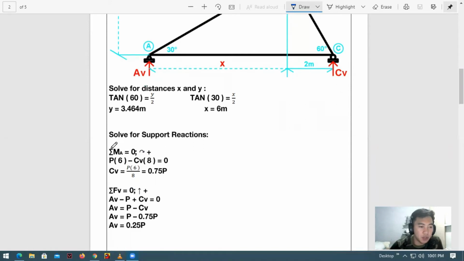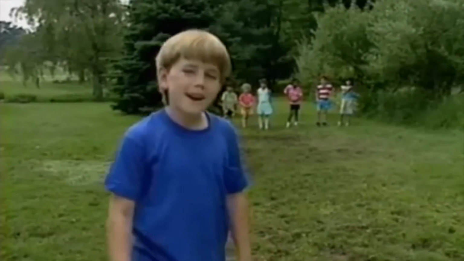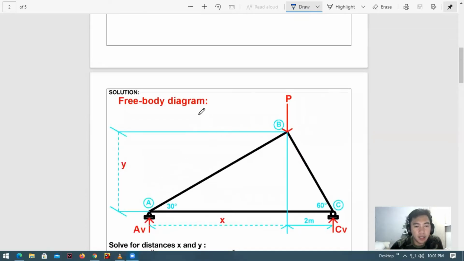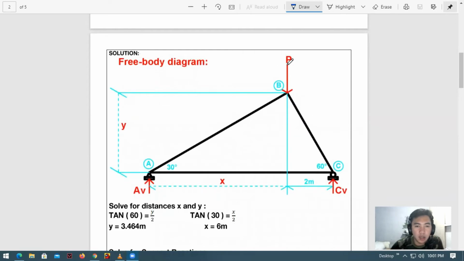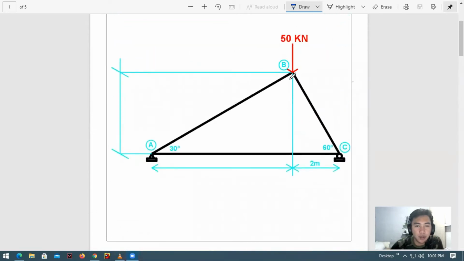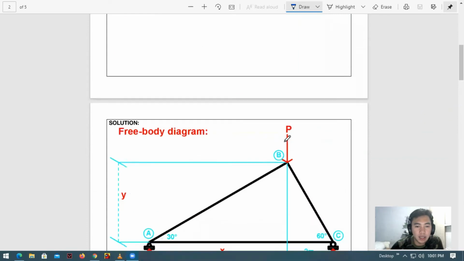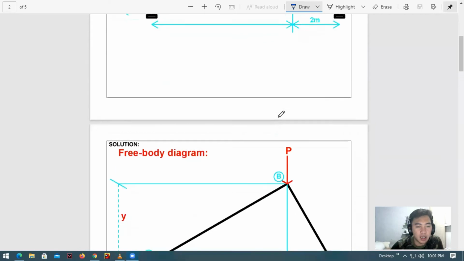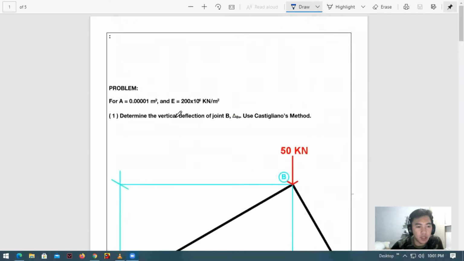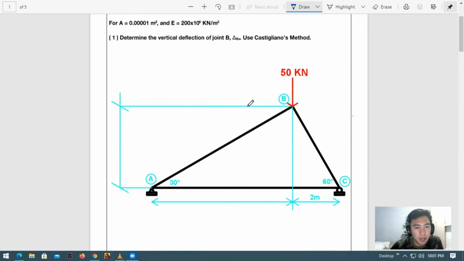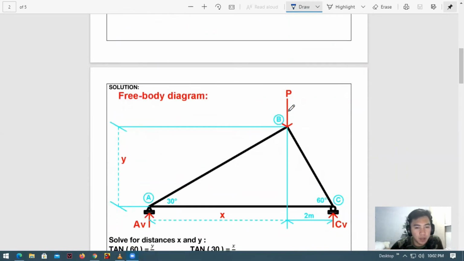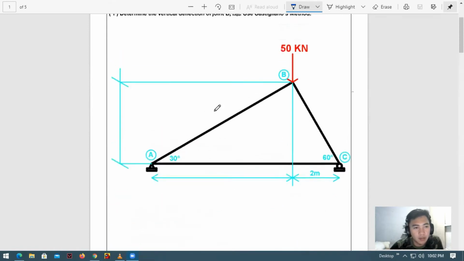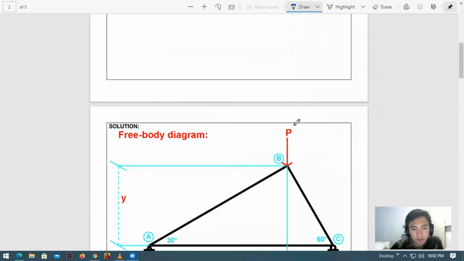First, summation of moment along A. Wait a minute. If you have noticed, the 50 kilonewton load was not shown here because in our problem we are looking for the vertical deflection of joint B. So we assume the fictitious load P at joint B vertically going down.